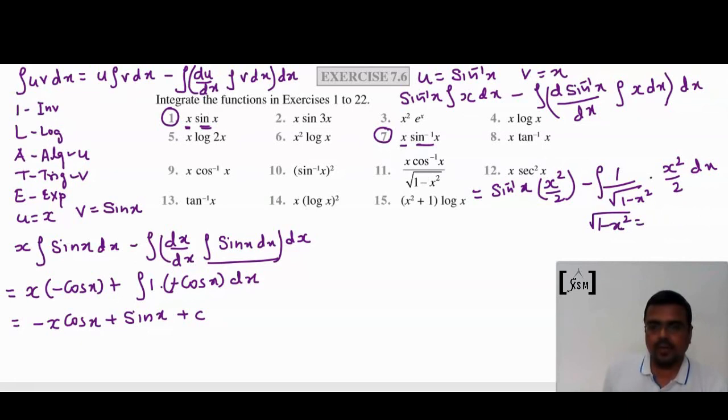We square both sides: 1 minus x square equals a square, and so minus 2x dx equals 2a da.